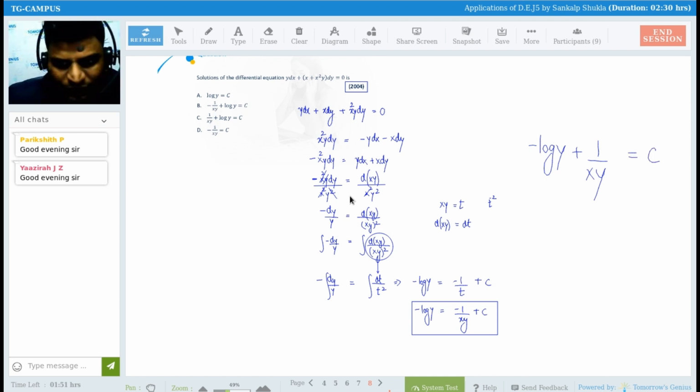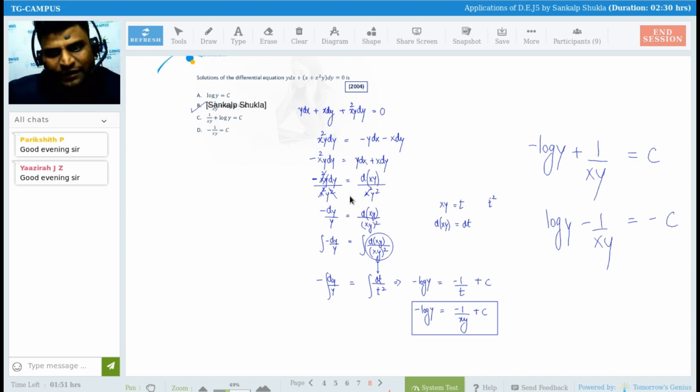But there is no such option, right? Minus log y plus 1 upon xy. Okay, you can multiply it with minus sign, so it will be log y minus 1 upon xy, and it will be minus c. So log y minus 1 upon xy is there. Yeah, this is the answer, B.